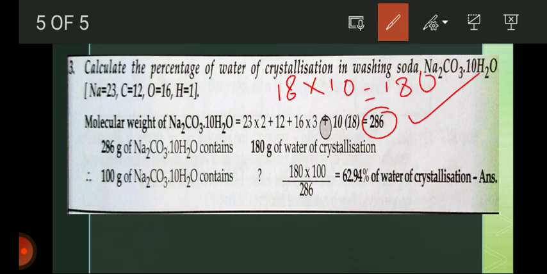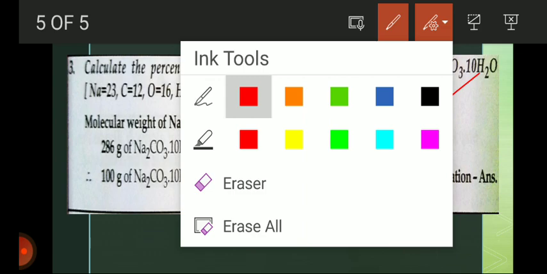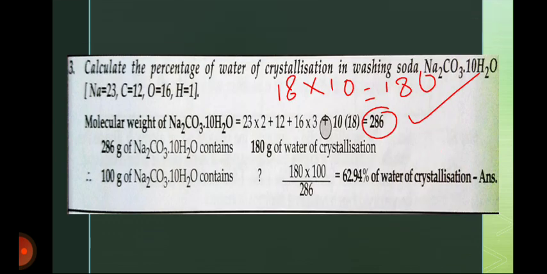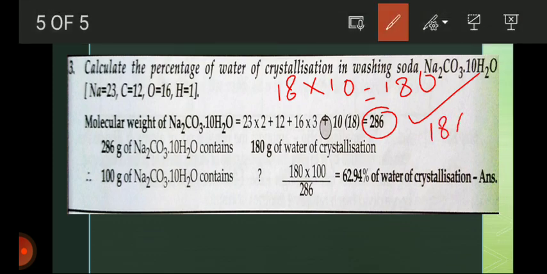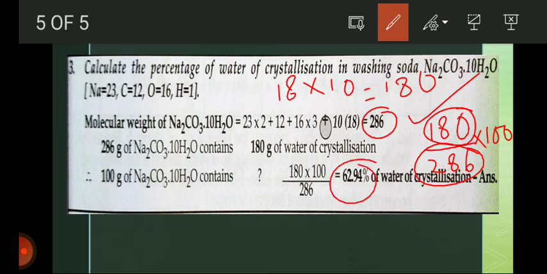Again, the same formula, that is 180 divided by 286 into 100, because 180 is the total number of water of crystallization that is present in washing soda and 286 is the molecular weight of washing soda. Then into 100. After you perform this calculation, you will get 62.94% of water of crystallization.